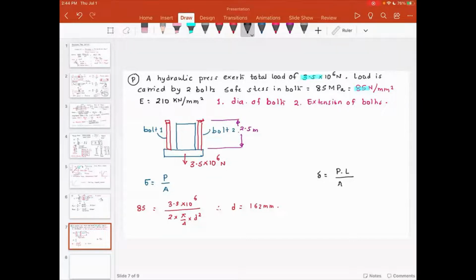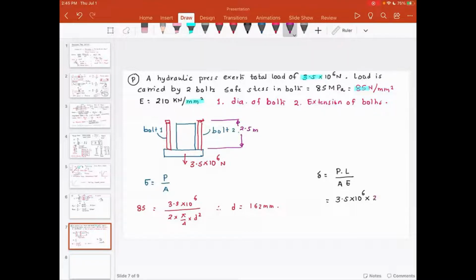Where P is 3.5 times 10 to the power 6. Now, please notice the Young's modulus is given in millimeters square. And the load is in Newton. So we need to make sure the units are consistent.